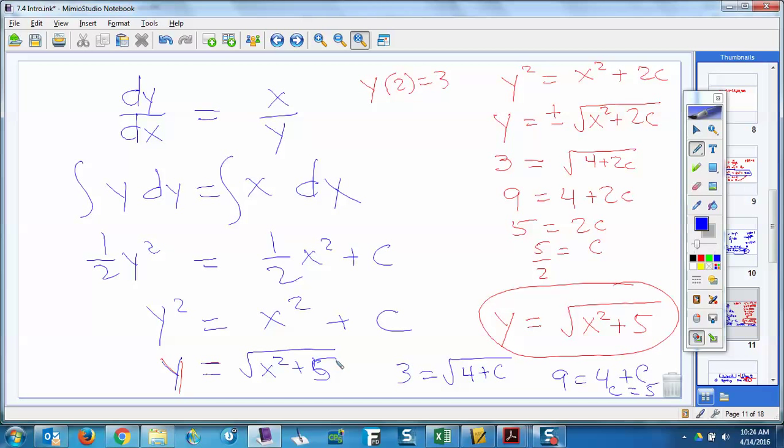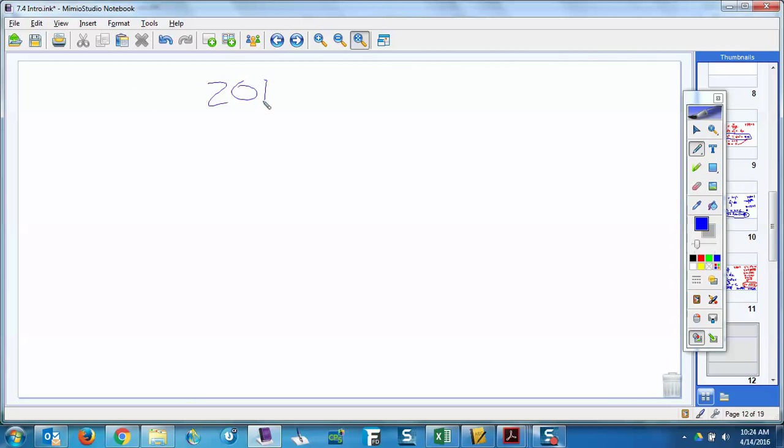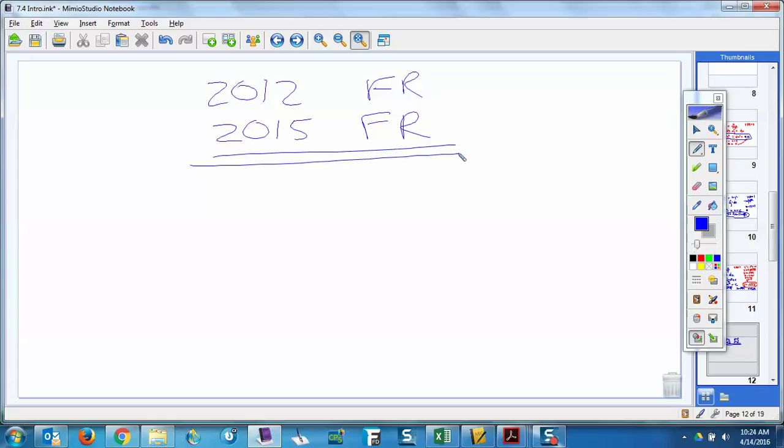Okay, before we start on the sample packet, let's pull out the 2012 and the 2015 free response packets. There's a couple problems we haven't done in there, and there's one I want to talk about on each one that involves differential equations.